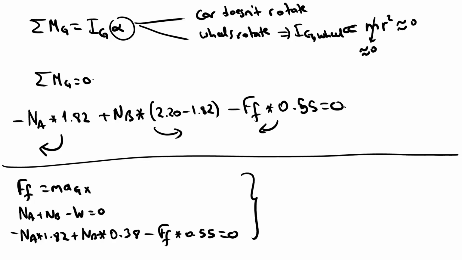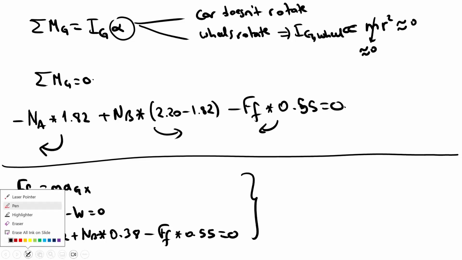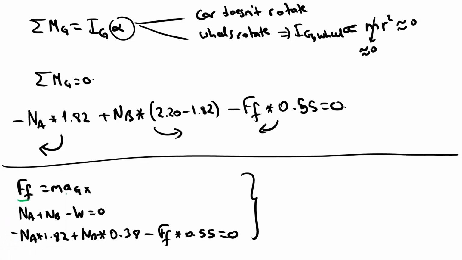Okay, these are the equations. Let me show the unknowns here. So we have 4 unknowns, but 3 equations.